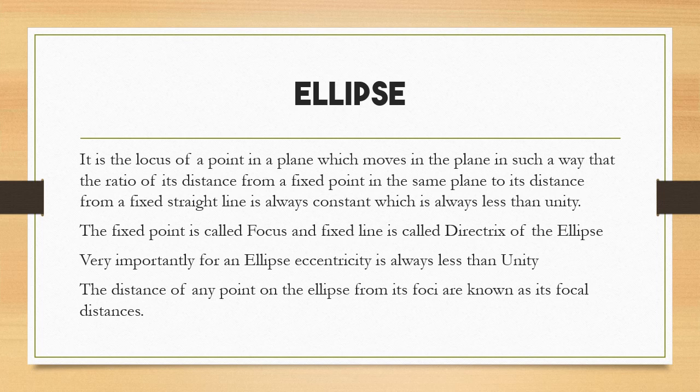Again it is the same thing only. The fixed point is called the focus and the fixed line is called the directrix of the ellipse. And very importantly, for an ellipse, eccentricity is always less than unity. So what is eccentricity? Eccentricity shows us how uncircular the curve is.